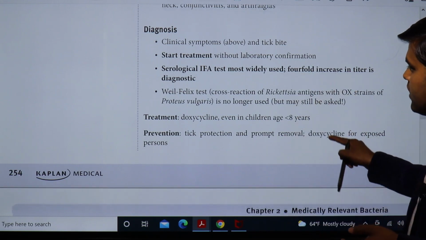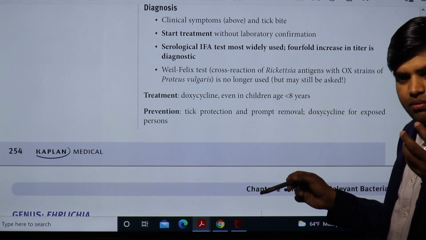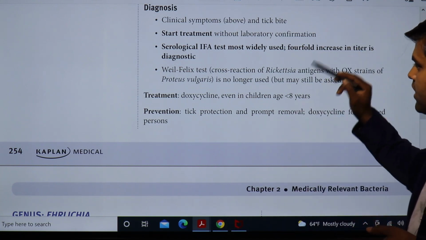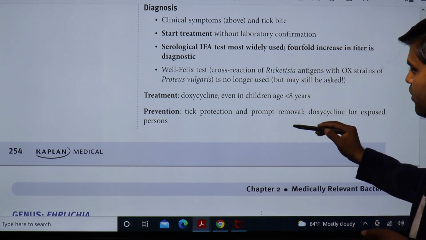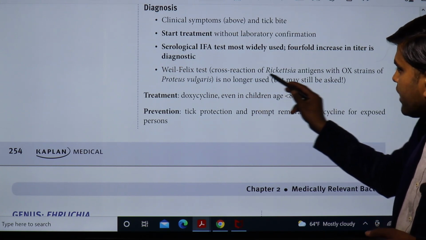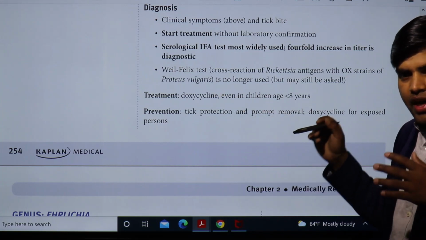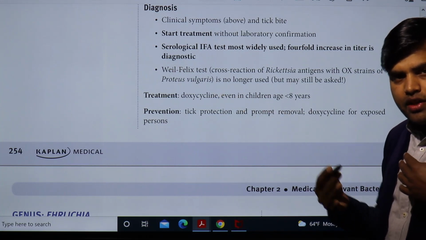okay, we have the diagnosis. The Weil-Felix test is one of the primitive tests which was actually done to diagnose rickettsial disease, including Rocky Mountain spotted fever, and that is due to the cross reaction of Rickettsiae antigen with the OX strain of Proteus vulgaris. So if you have Rickettsiae, there will be antibody formed.